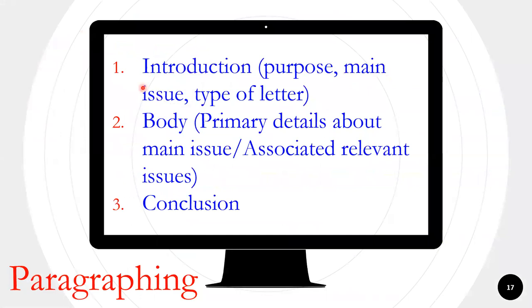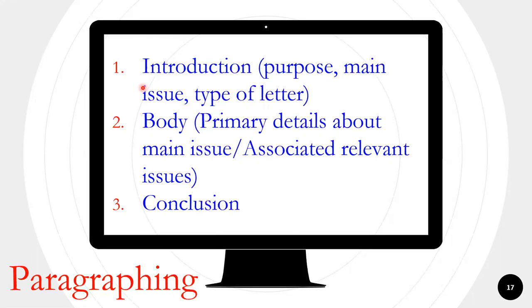Now let's come to paragraphing. You need the introduction, the body, the conclusion. For the other structural features, we'll look at them when we get to layout of the letter. At this point, we are just looking at the main content of the letter, which is the introduction, body, conclusion. What do you do at that point? The introduction has the purpose of the letter. Why are you writing the letter? What type of letter are you writing? And what is the main issue?